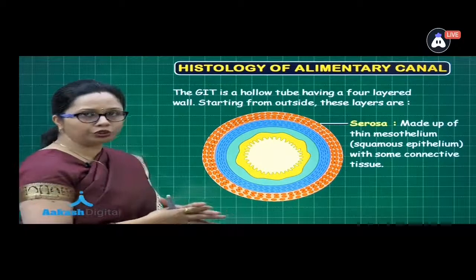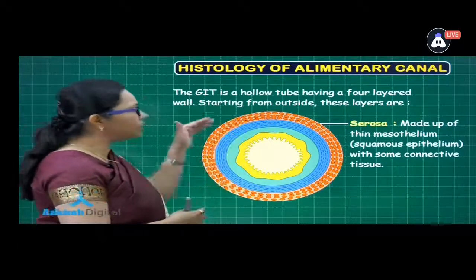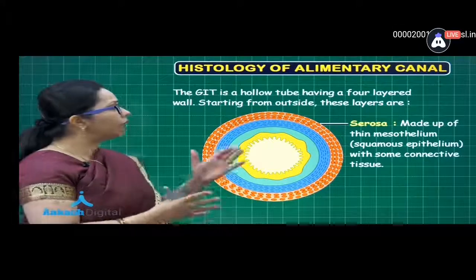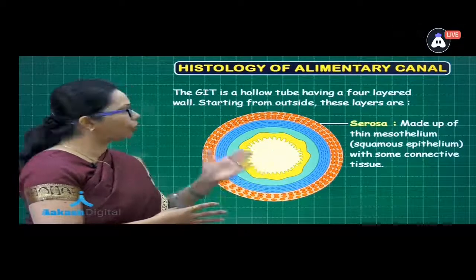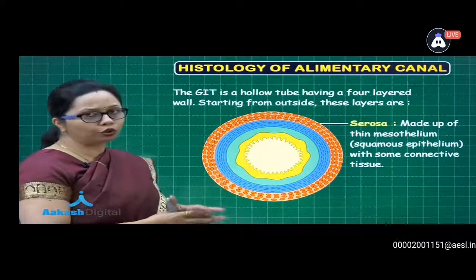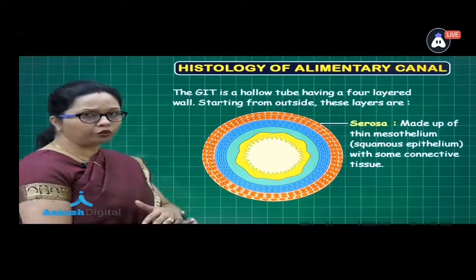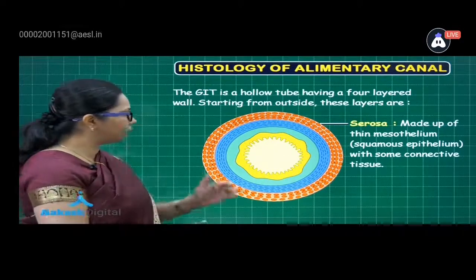So this is the serosa. Now this serosa is present all along the GIT, but in 2 regions it is absent, that is the upper 1/3 region of the esophagus and also the rectum, that is the anterior most part and the posterior most part. There the serosa is absent.